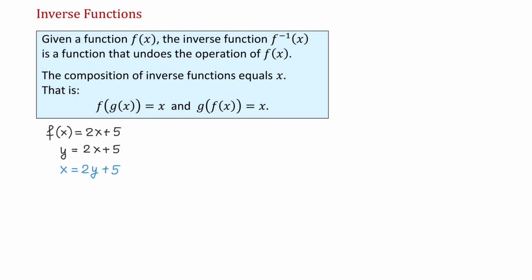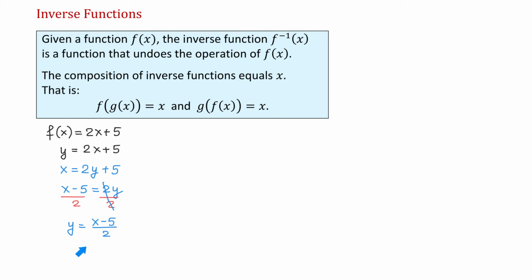First I will move 5 to the left, so I will have x minus 5 equals 2y. Then I will divide both sides by 2, and on the right side 2 and 2 will cancel, and y equals x minus 5 over 2.